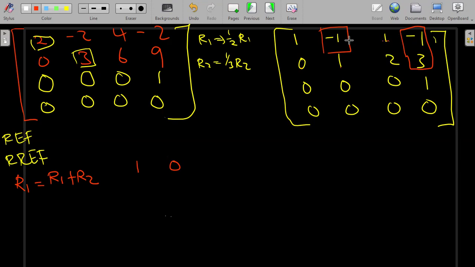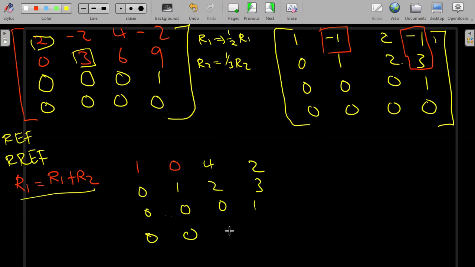Here it was supposed to be 2, guys, we didn't see it: when we divide this 4 here, we get 2. So 2 plus 2 is going to give me 4. And then minus 1 plus minus 1 plus 3 will just be 2. So we have applied this row operation to the first row, and the rest are just going to be the same. So we have 0, 1, 2, 3, then 0, 0, 0, 1, and then 0, 0, 0, 0.